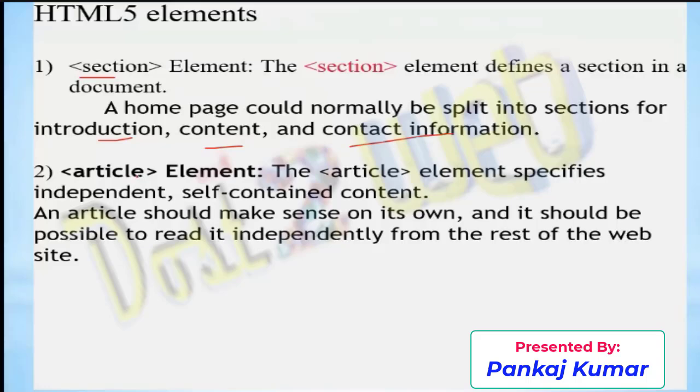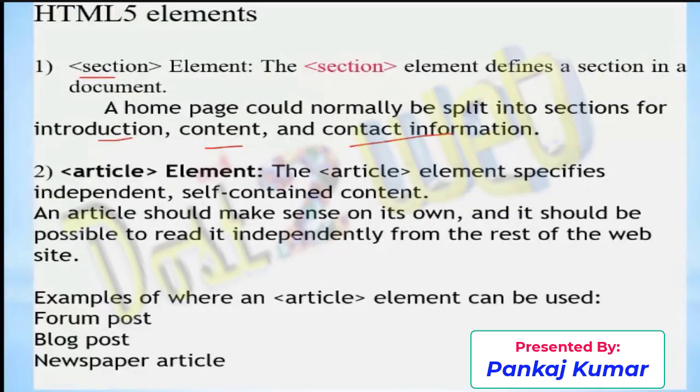The article element: if you have an article, you specify an element with specific, independent, self-contained content. The content you define should stand by itself, and no other information is required. That time you use the article. For example, a forum post, blog post, or newspaper article.